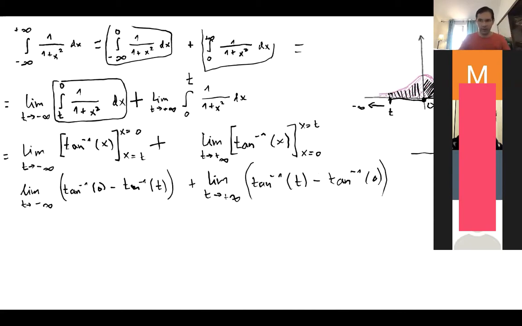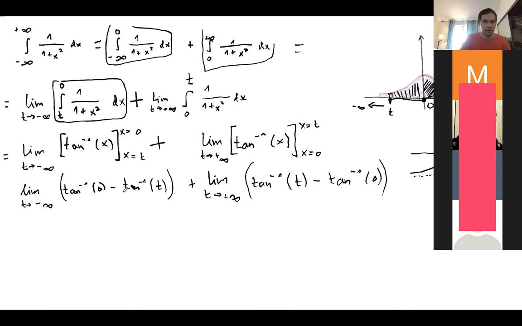One is at pi over 2, and the other is at negative pi over 2. The function itself looks like this. At 0 the function is 0, and this function will be asymptotically approaching this line when t goes to positive infinity.